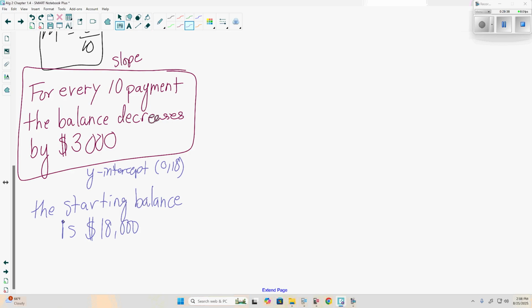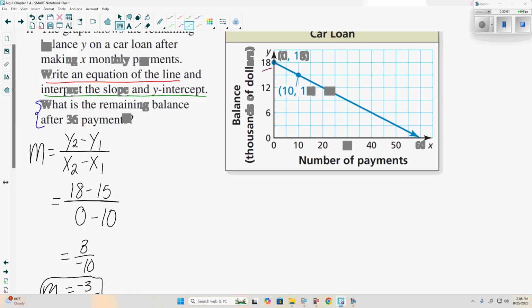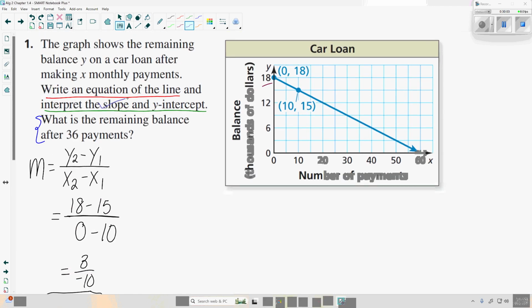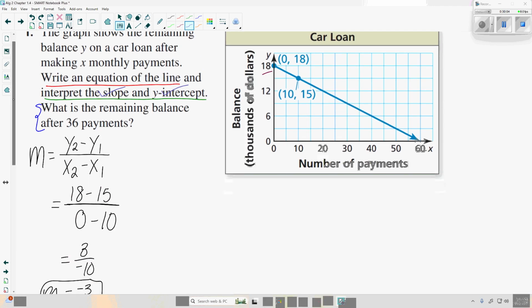The starting balance of this here is $18,000. And that's all that's saying. Questions on how we interpreted the slope or the y-intercept? We good with those there? Yes? So we interpreted the slope and the y-intercept.